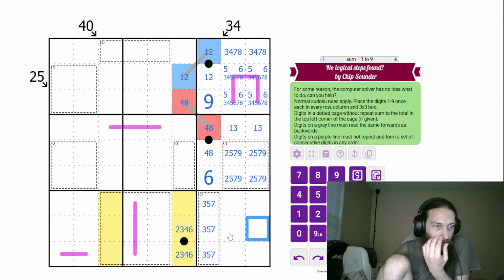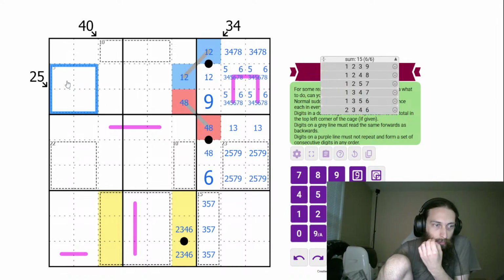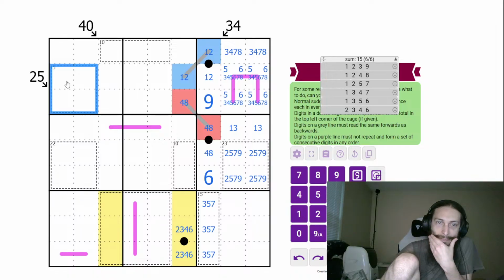Laura Smith says 15 in box 1 needs a 1 or a 2. And if we did both of them, they'd have to be in the bottom row.